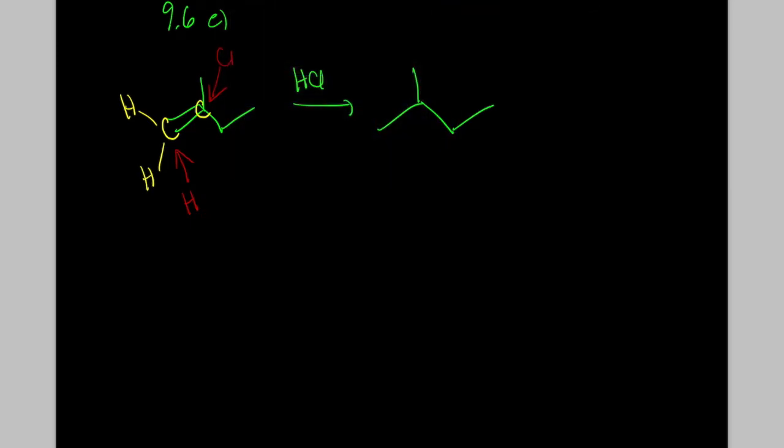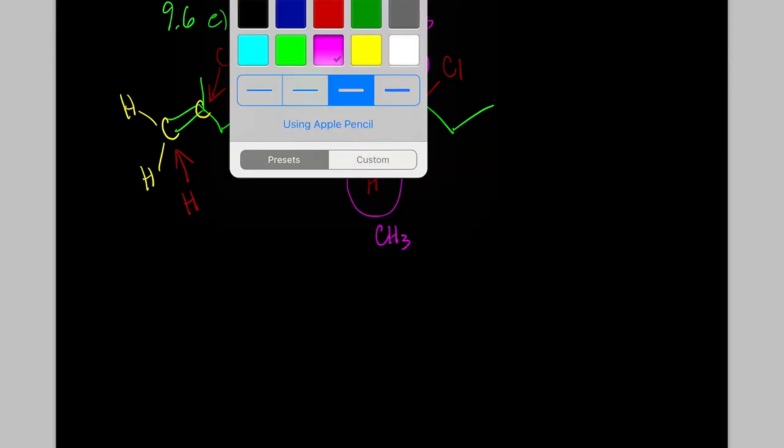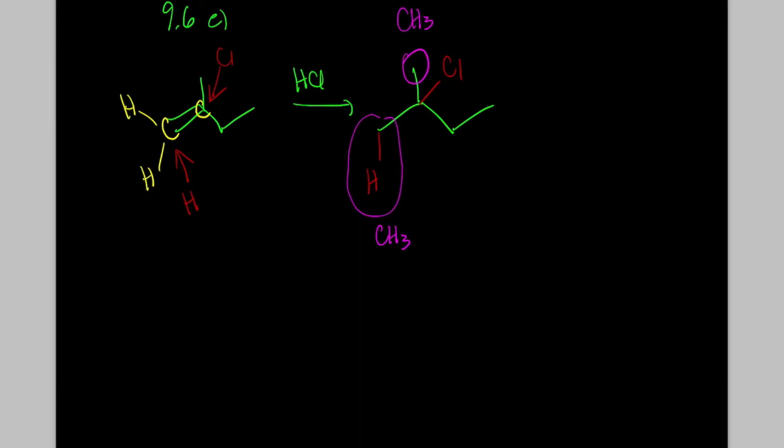Then add in the atoms that you're adding, the H and the Cl. And then determine if there's a stereogenic center. Okay? Now, in this case, be careful. That is a CH3 group. Okay? And this is a CH3 group. So, because this molecule does not have a stereogenic center, we just draw lines to indicate the product. Okay?